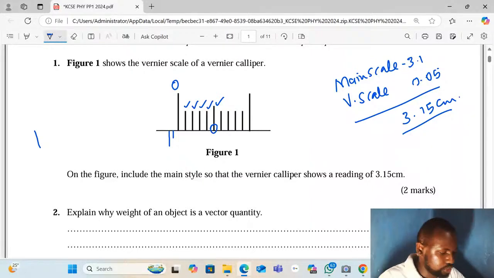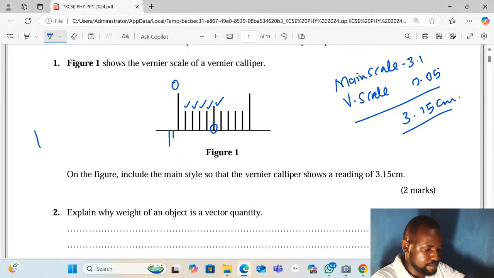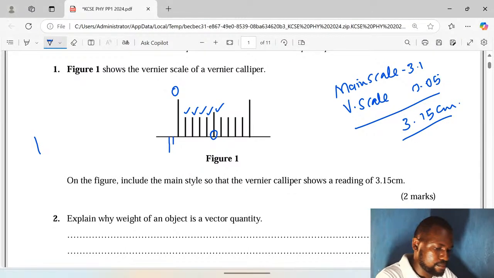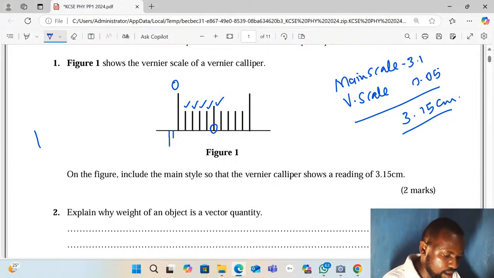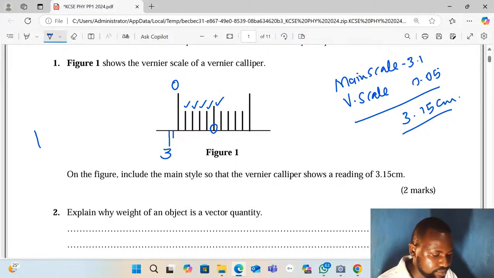Therefore, now this becomes my 3. I need to count so that I make sure that I have at least 1 centimeter.